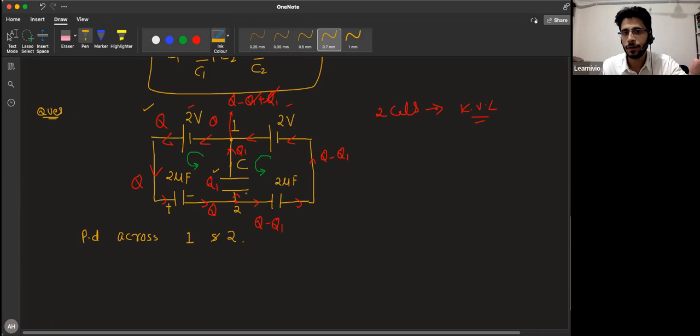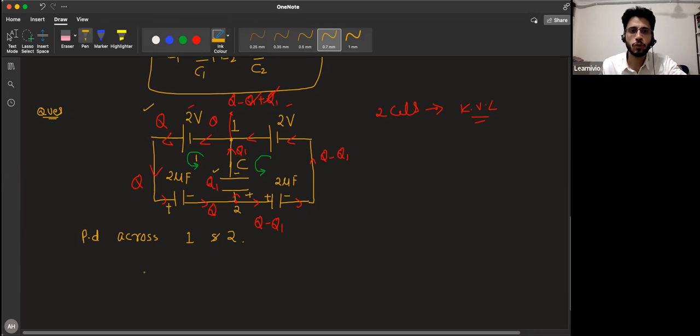Tell me about this plate. Charge is going upwards, so the first plate in the direction of charge is positive, second is negative. What about this? Positive, and this negative. So let's move in this first loop.